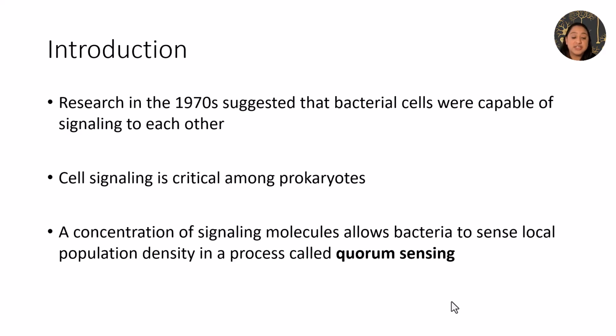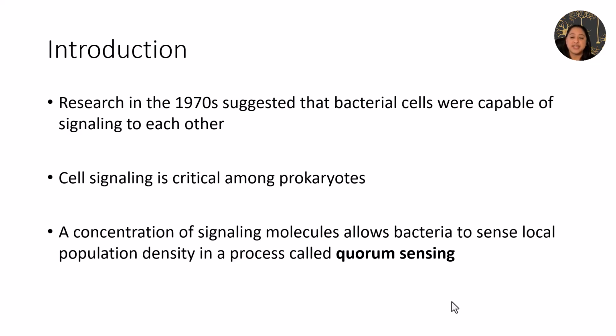So cell signaling is critical among prokaryotes like bacteria. And so having a concentration of signaling molecules allows bacteria to sense local population density. These bacterial cells can gauge how many other bacterial cells are nearby.